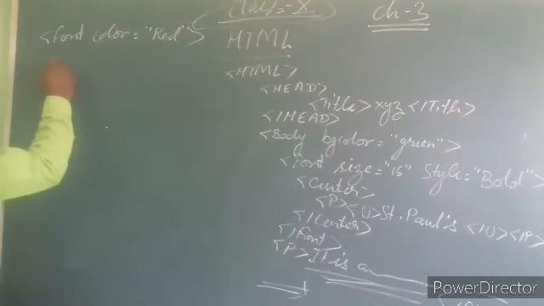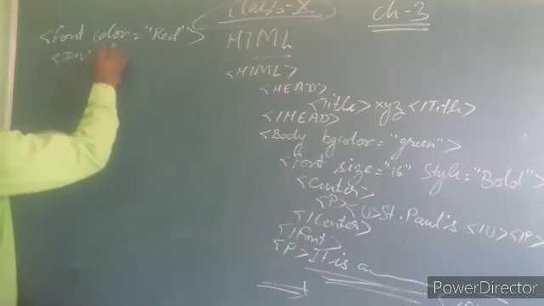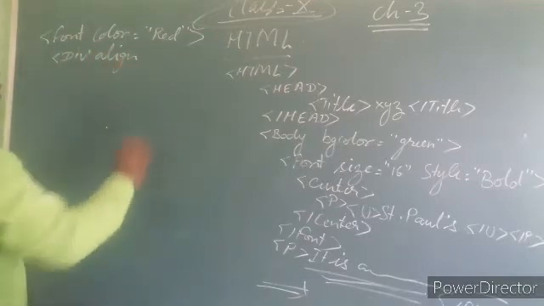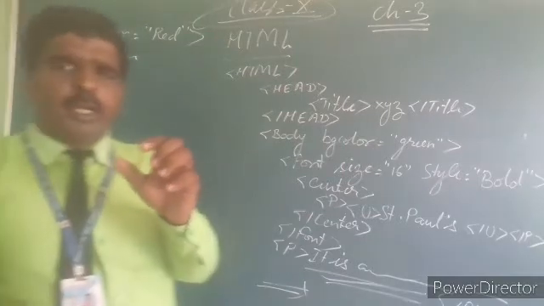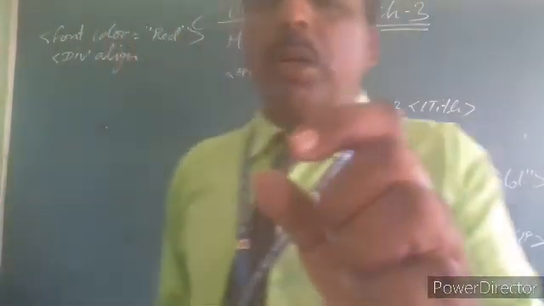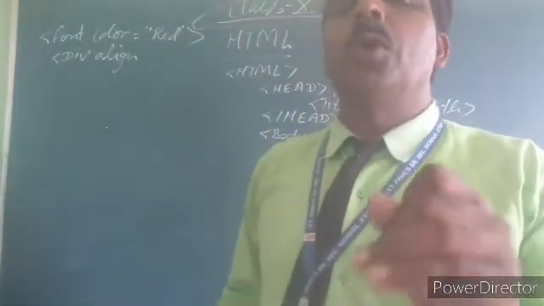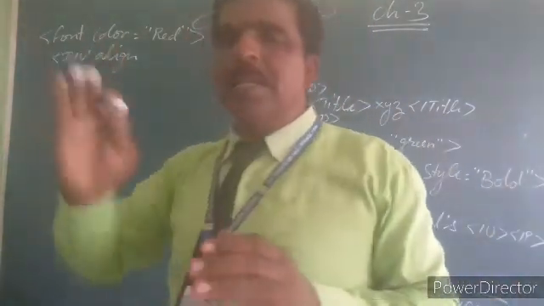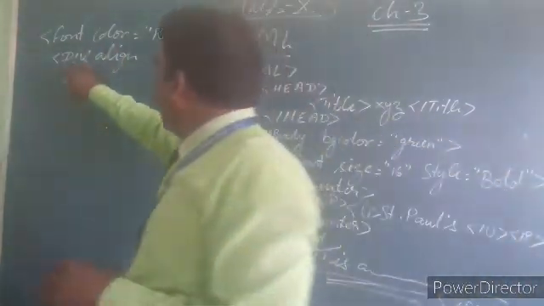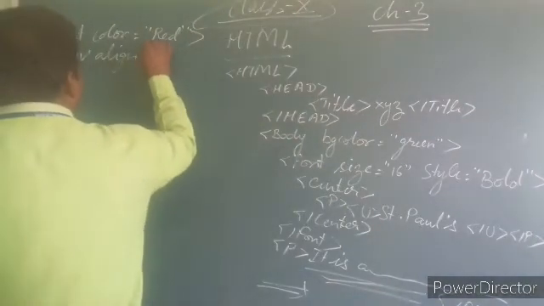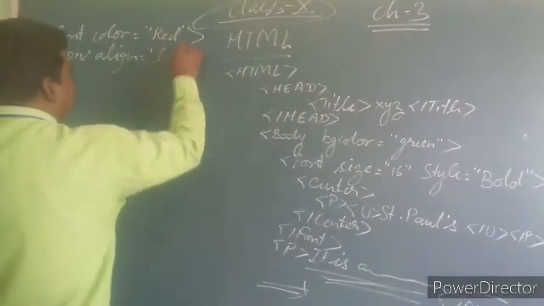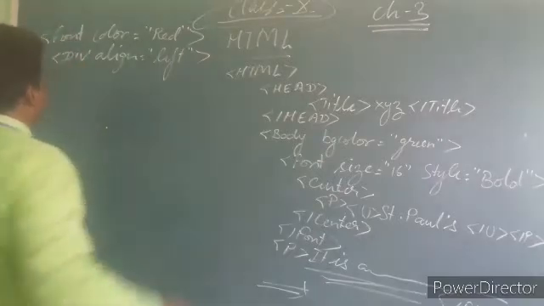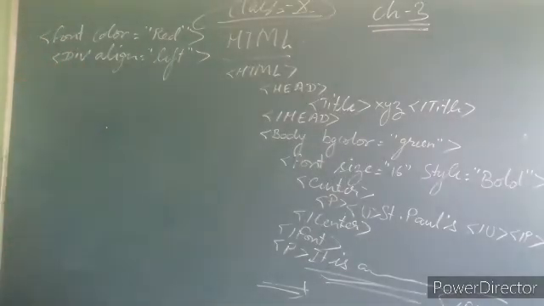After that, DIV align. DIV actually is the short form of division. So DIV, then align is an attribute. So DIV align equals to left. DIV align we are using here.